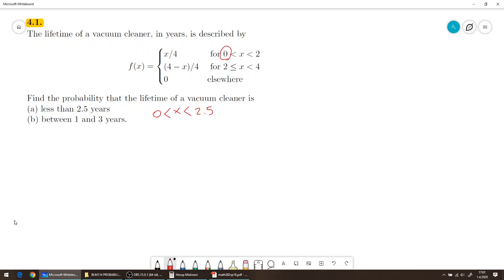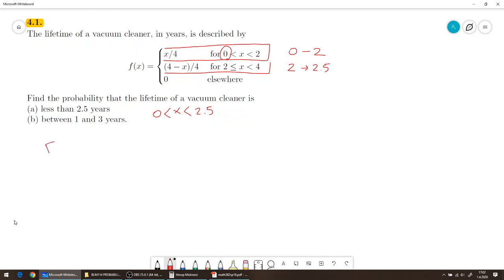But we have two different equations. The first part is up to 2. The second part is from 2 to 2.5. So we will use from 0 to 2 this part, and from 2 to 2.5 this part.